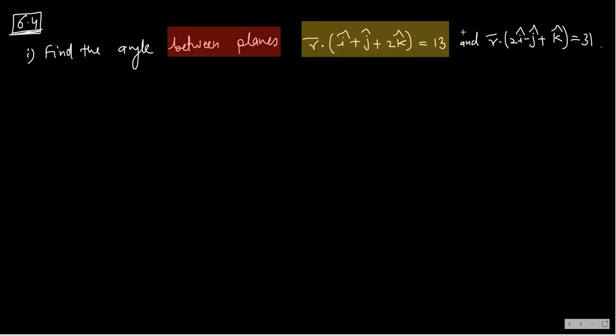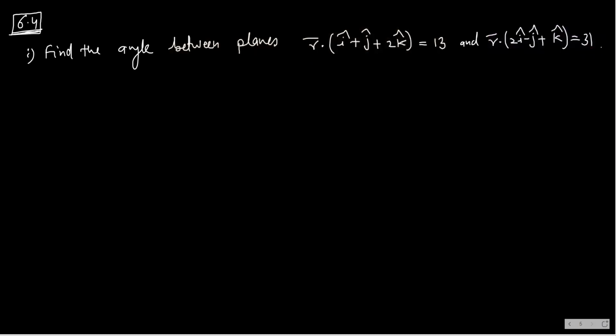Look at the first plane: R bar dot N1 bar equals P1. The next is R bar dot N2 bar equals P2. You know this P1 and P2 are insignificant if you are finding the angle. Got that? So here I will write the answer. I know the formula.